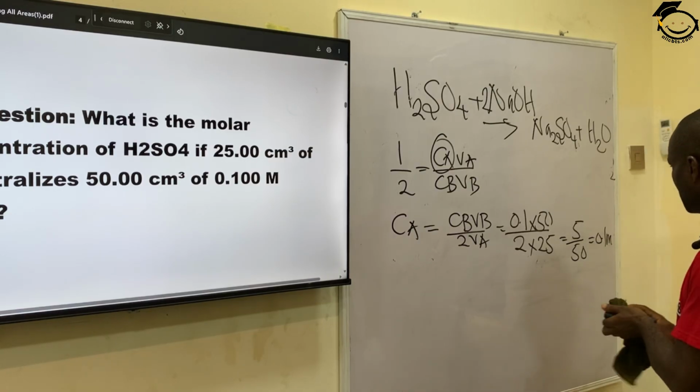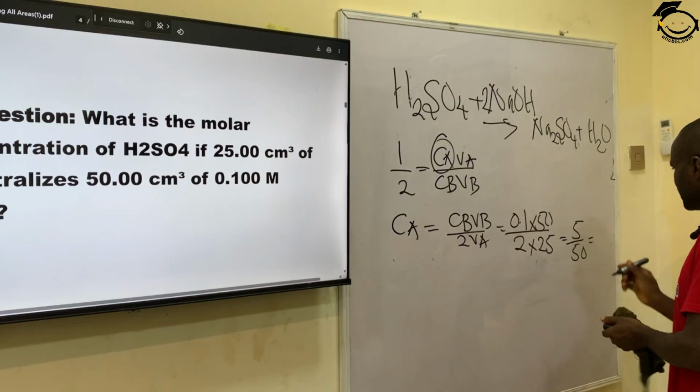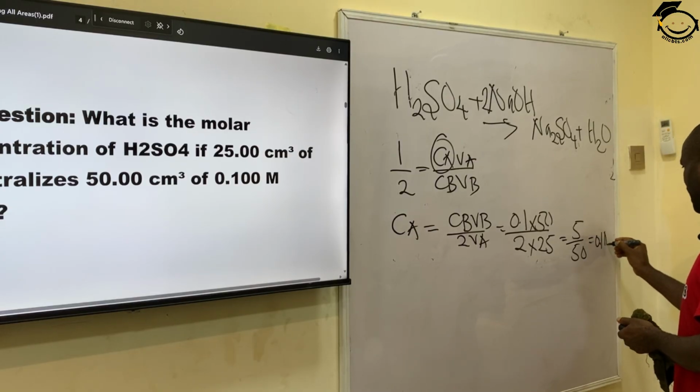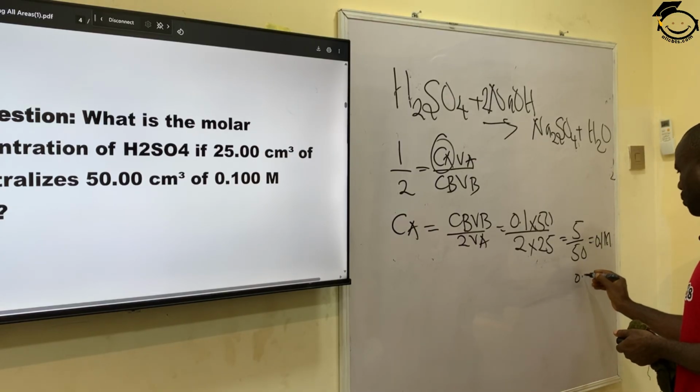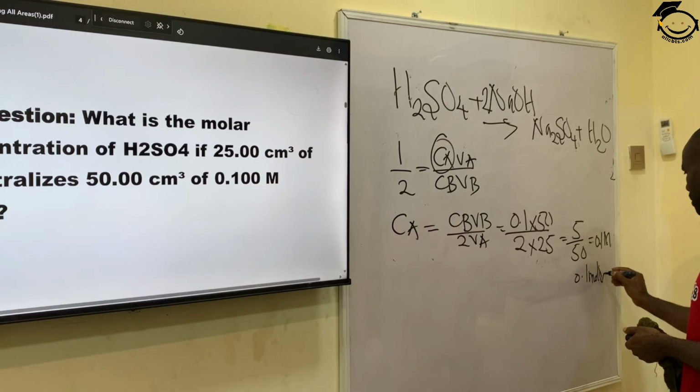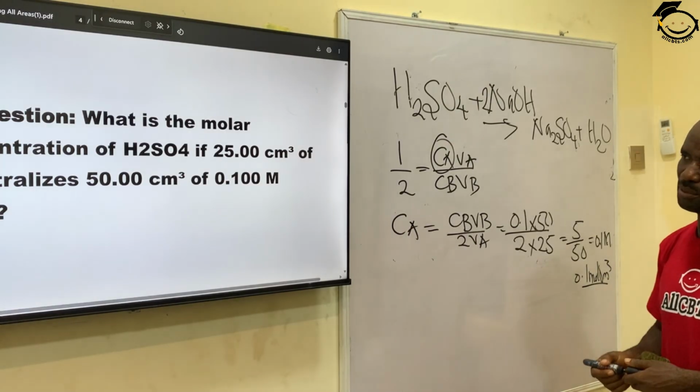Do you say 0.1 molar, capital M, or 0.1 mole per dm cube? This is concentration in mole per dm cube.